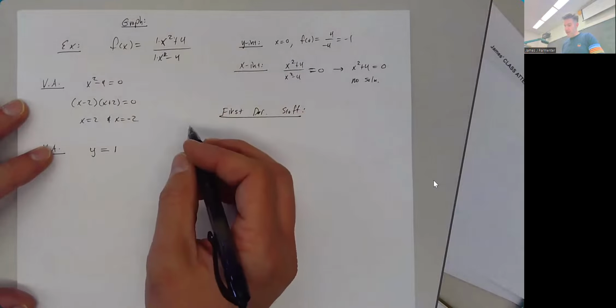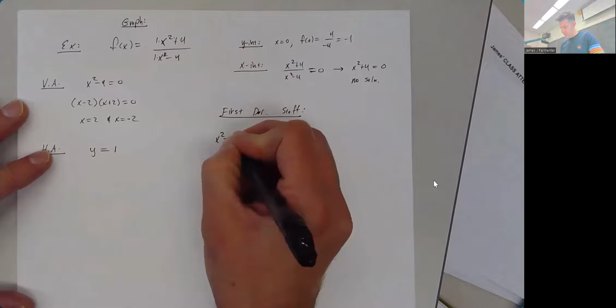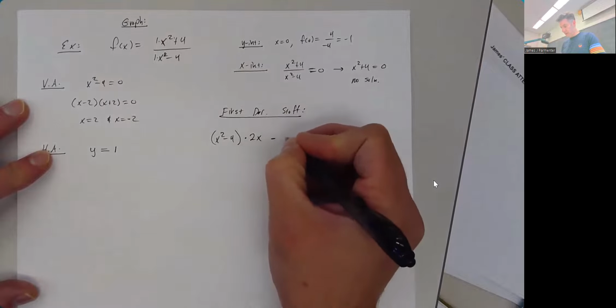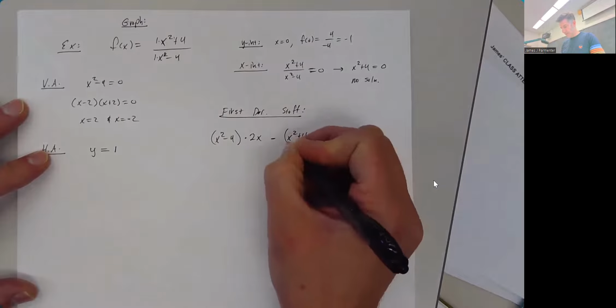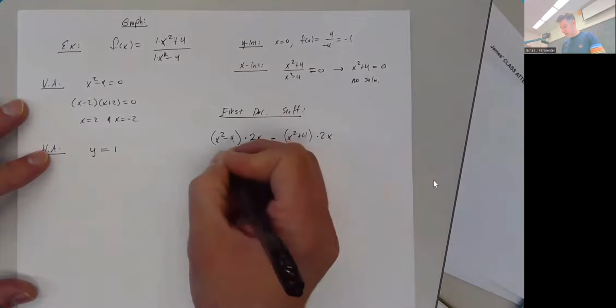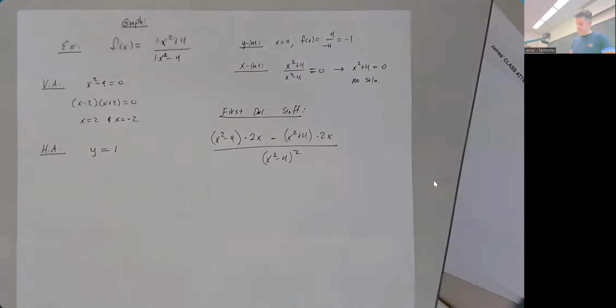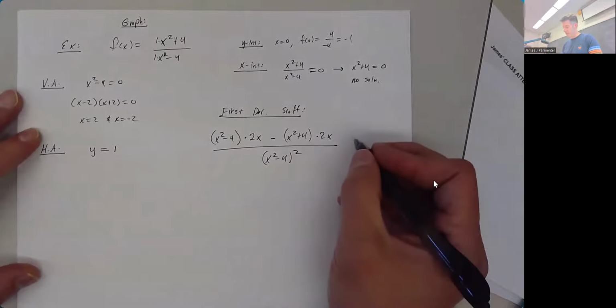So let's see here. Okay, the bottom function times the derivative of the top function minus the top function times the derivative of the bottom function, all divided by the bottom function squared. Okay, let's multiply it out.